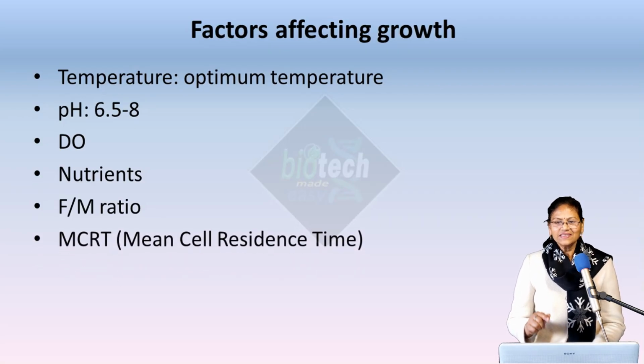MCRT, that is mean cell residence time, is a key parameter, and it measures the average length of time microorganisms spend in the activated sludge system. Longer MCRT gives better nitrification, but it should not be very, very long.